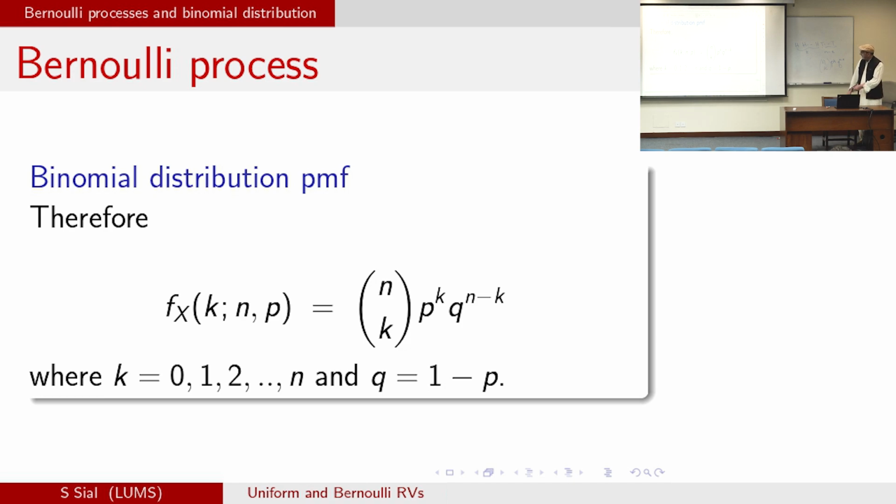Okay? And so the probability that the number of successes is k, given that the number of trials will be n, and given that the probability of a success in any one trial is p, is n choose k, p to the k, q to the n minus k, and k can take values of 0 successes, 1 success, 2 successes, up to n successes.